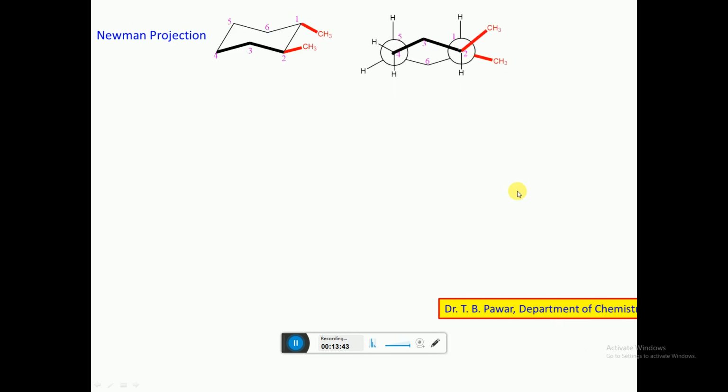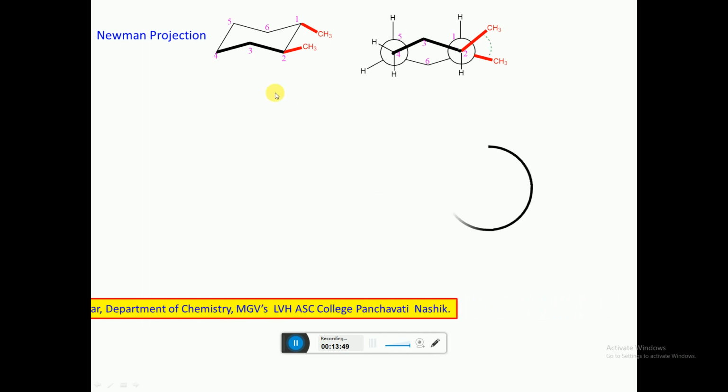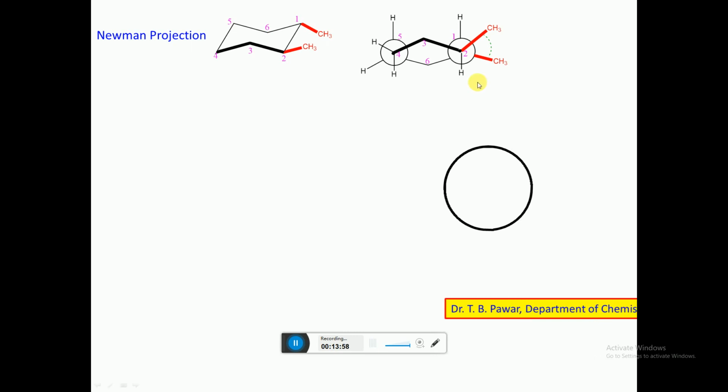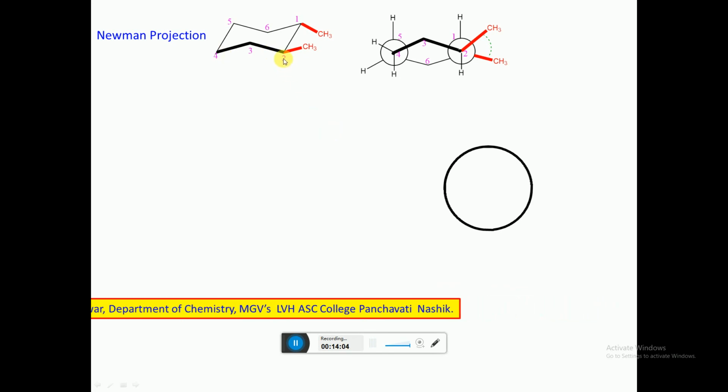Now, how is the Newman projection of trans equatorial 1,2 dimethyl cyclohexane drawn? Here, at carbon number 1 and 2, there are 2 methyl groups.